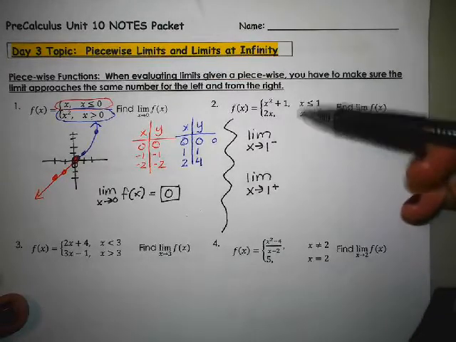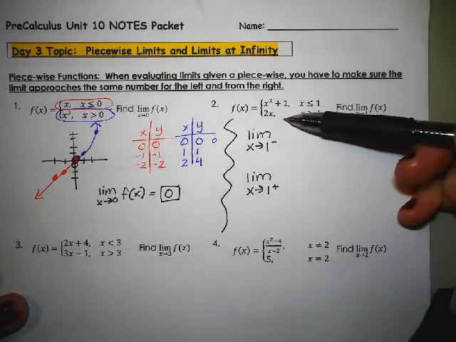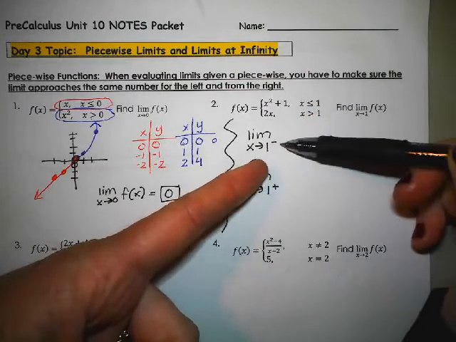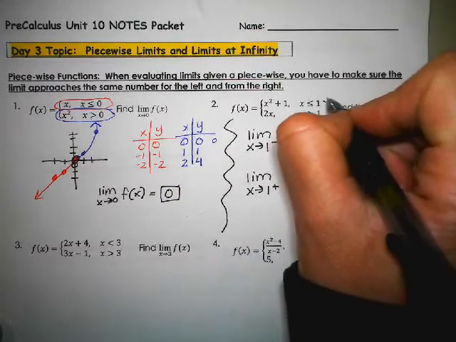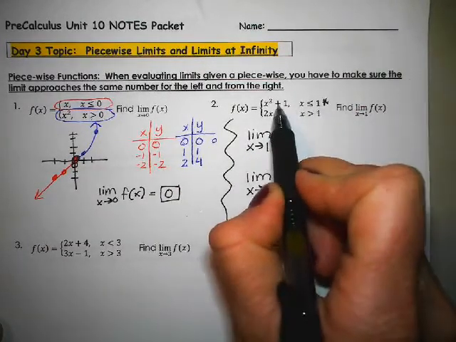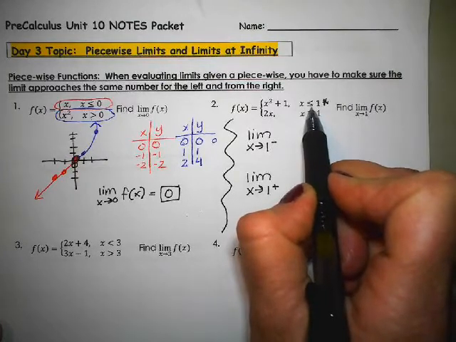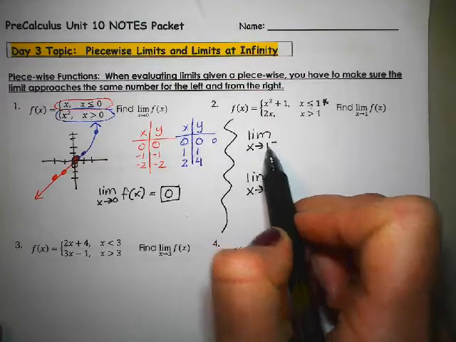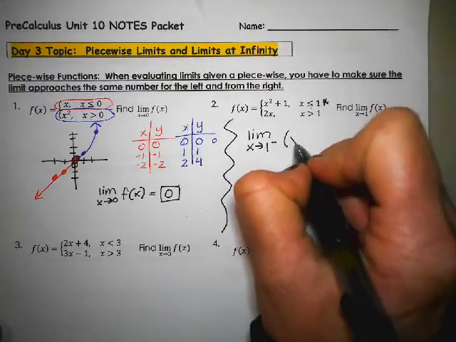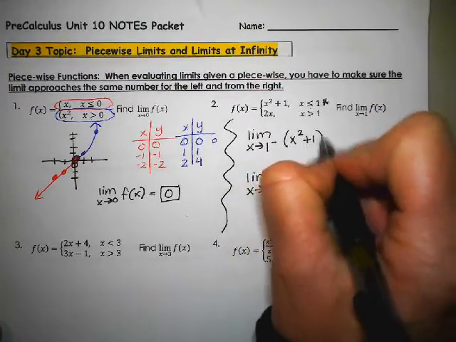And then I have to see which function should I use, top or bottom, when I'm coming from the left. Think about coming from the left. Those are numbers that are smaller than 1. Well, this top equation says use this when x is less than or equal to 1. That would be numbers that are smaller than 1. So I'm going to use the function x squared plus 1.